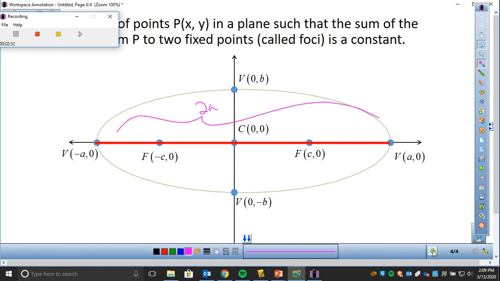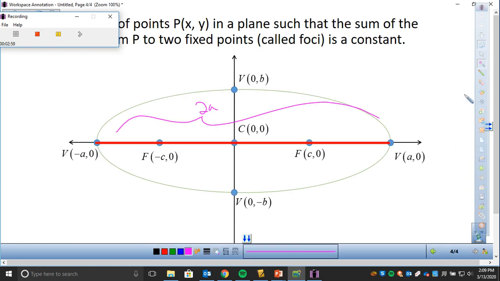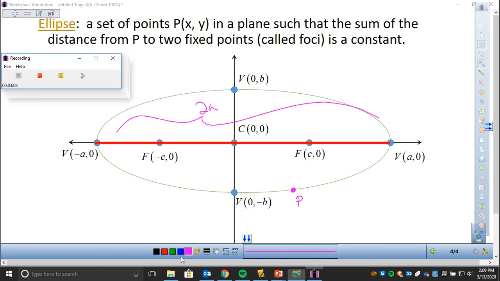Comparing this to the sum of the distances from P to the foci, remember, P is some point on the ellipse. So this value right here could be P. From the definition of an ellipse, the sum of the distances to those foci is constant.